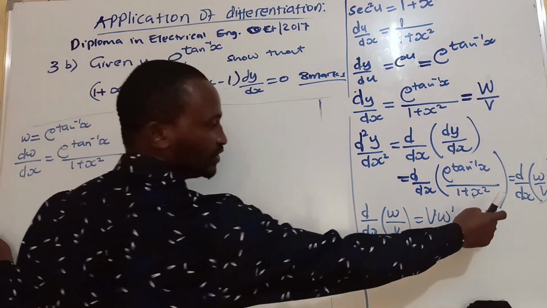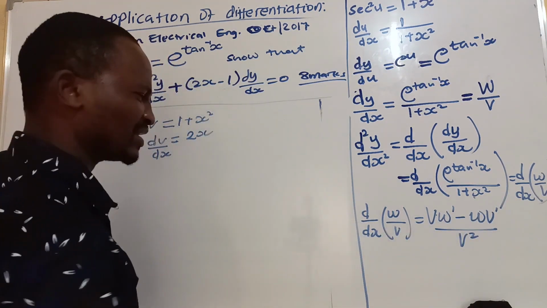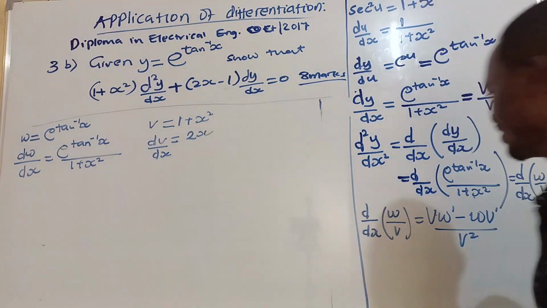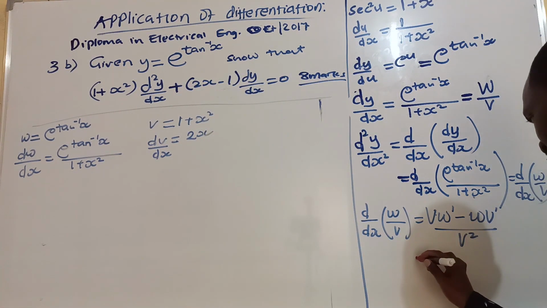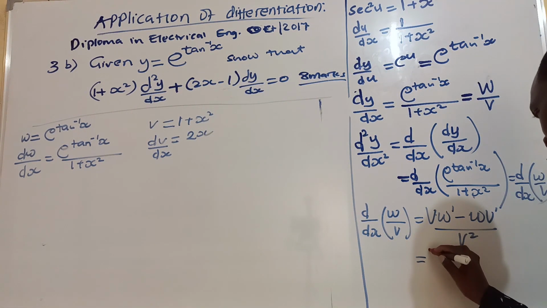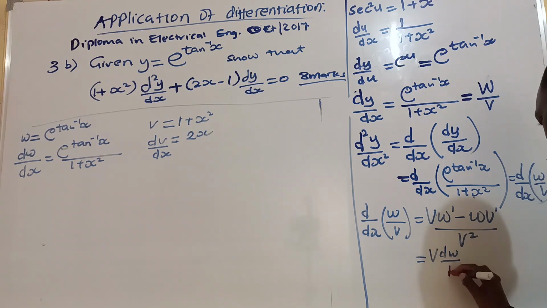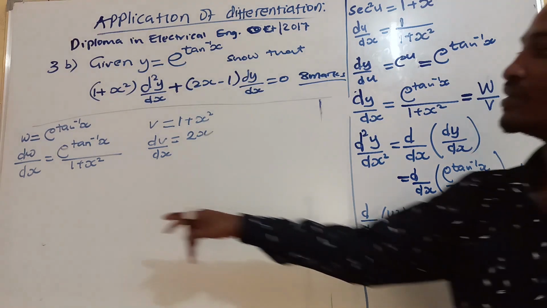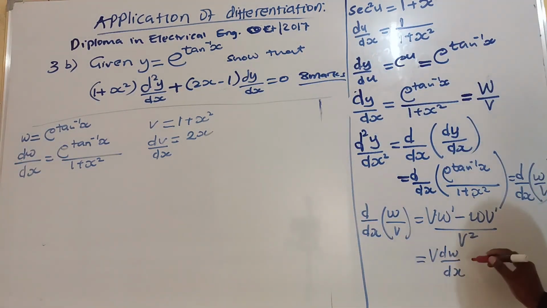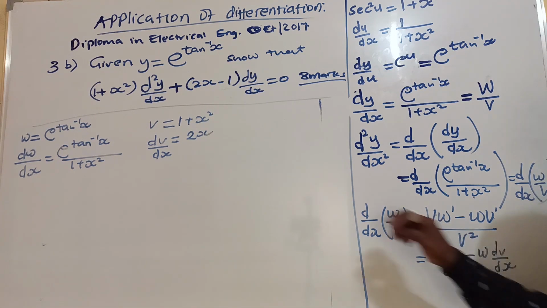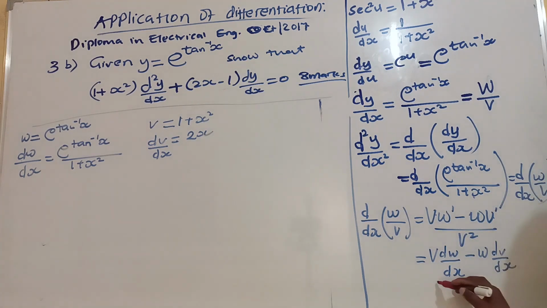We want v prime, meaning dv/dx. If you have watched my previous video, you should not have a problem now. This is v, w prime is dw/dx, which is what we are trying to find here, minus w, v prime is dv/dx, all over v squared.